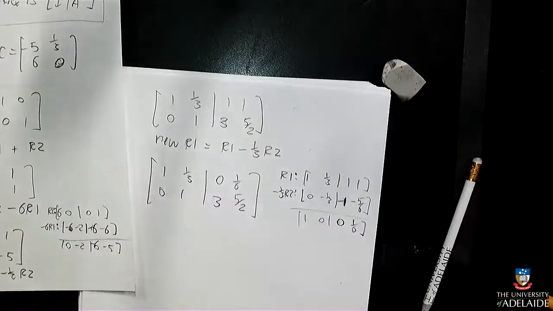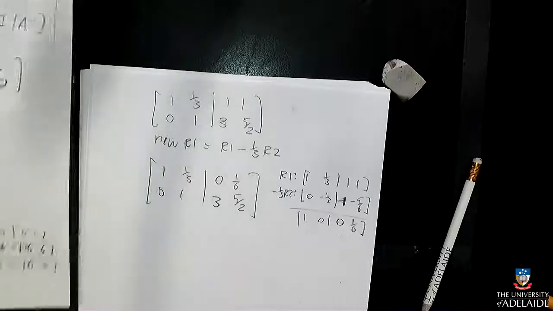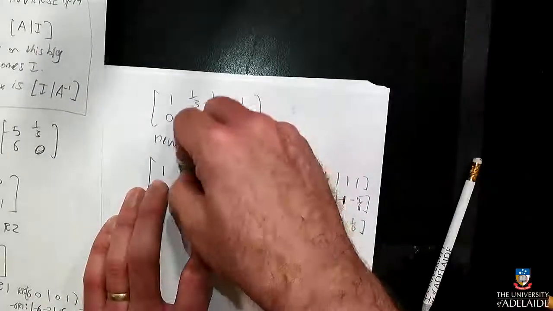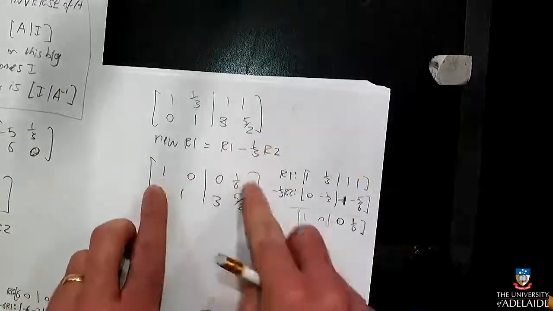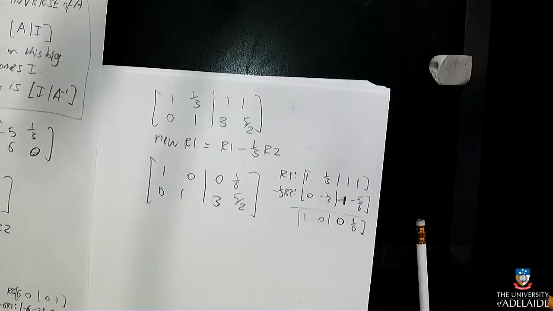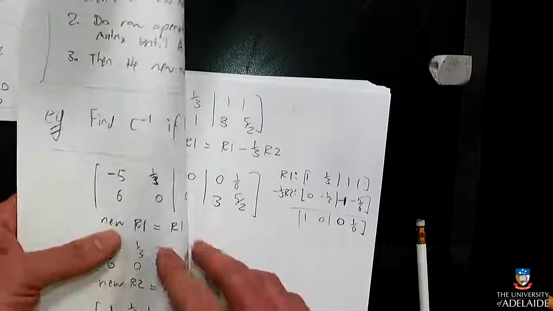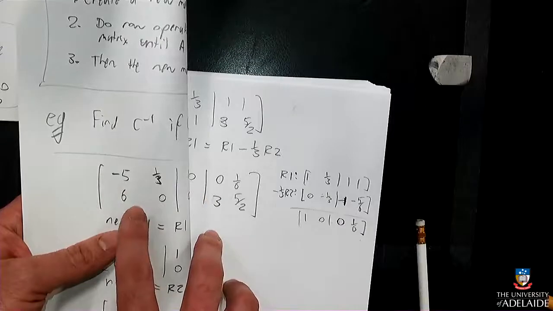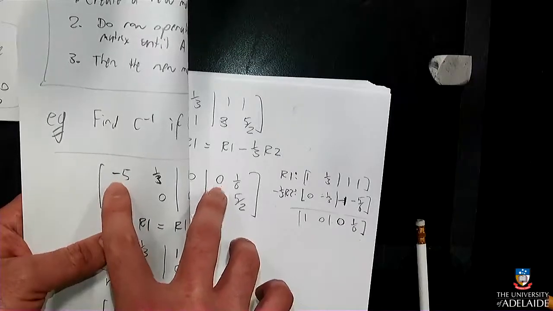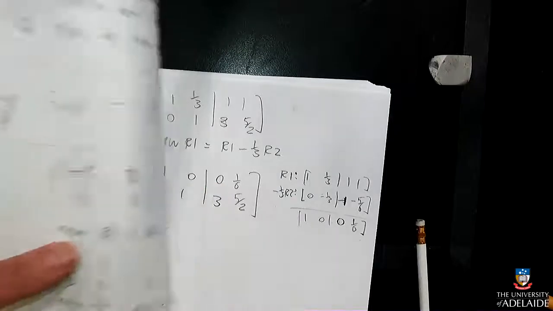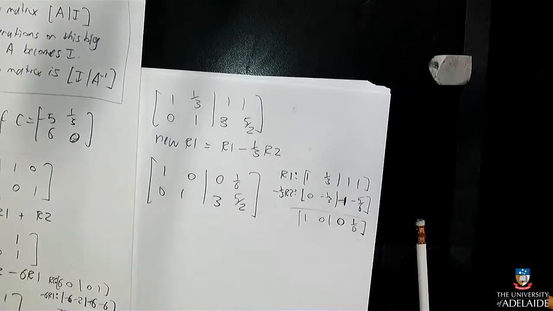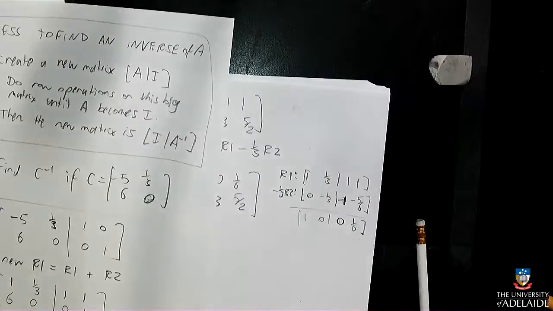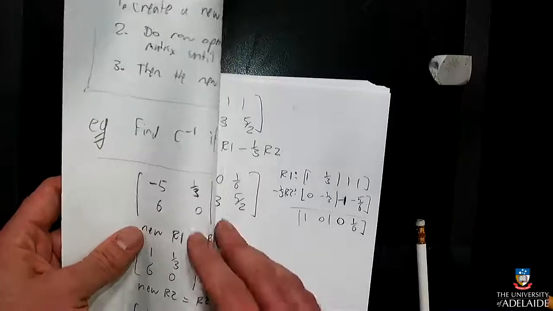Right, and we can see if it's working correctly this time. So the original matrix was this. So if we have minus 5, 6 times this, oh no. No, it's all looking good.